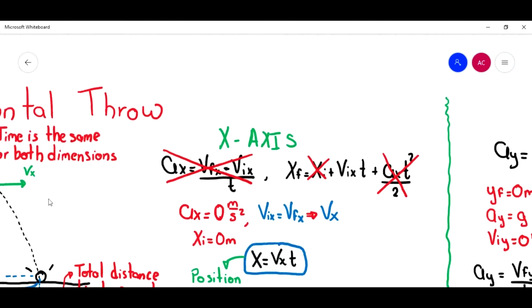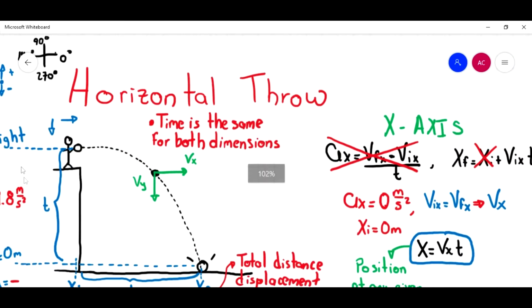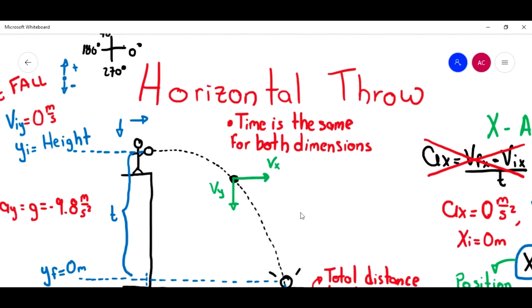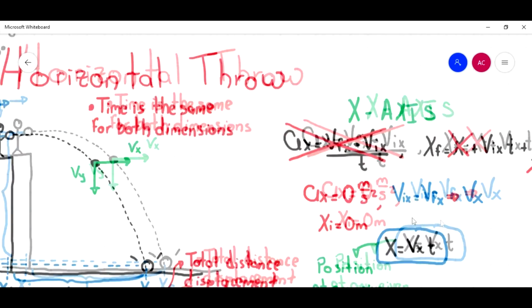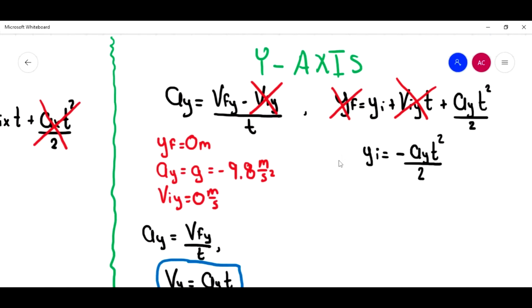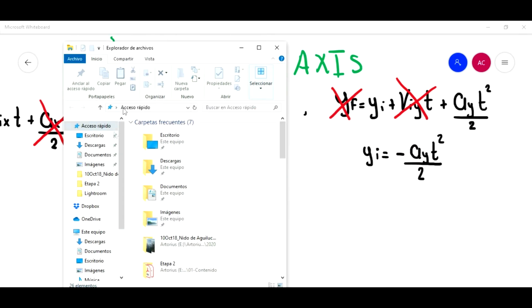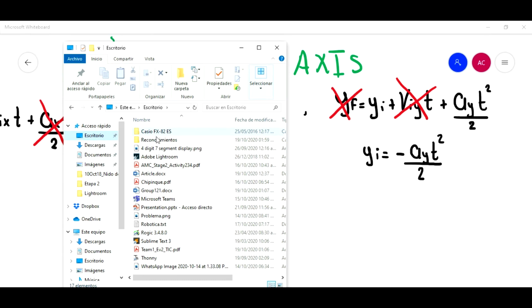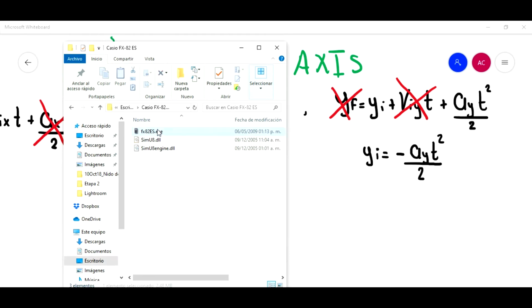So every time I begin substituting values, let's say, what about the first second? The height at the first second. Let me open my calculator. It's over here. Just give me a moment.